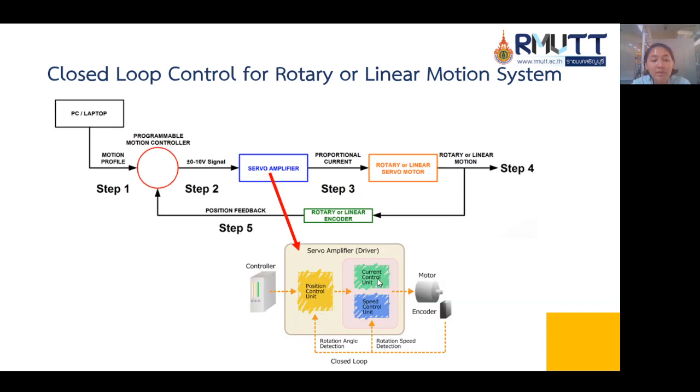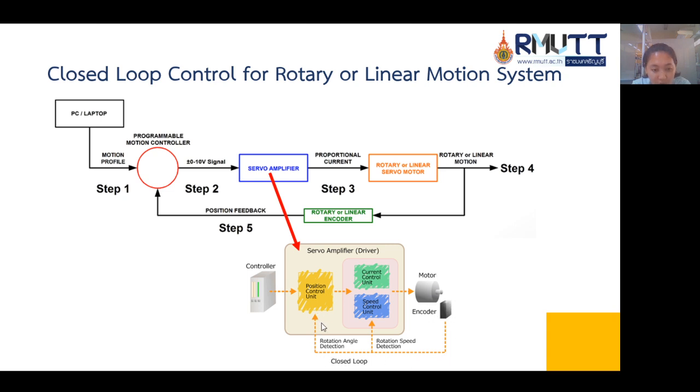And then this picture shows the inside of the servo amplifier. There is a position control unit, then it flows to the current control unit and speed control unit, and then flows to the motor, the encoder, and then feedback.